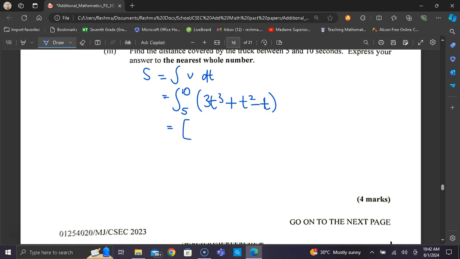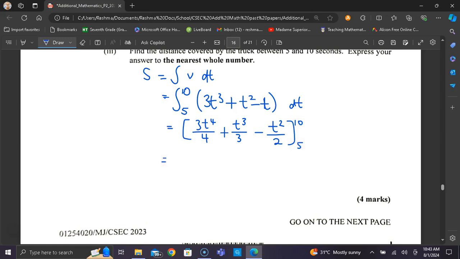Okay, so let's integrate. So, of course, we integrate with respect to t. So integrating 3t cubed, that will be 3t to the power of 4 over 4 plus integral of t squared will be t cubed over 3 and integral of t will be t squared over 2. Okay, so between our limits 10 and 5.